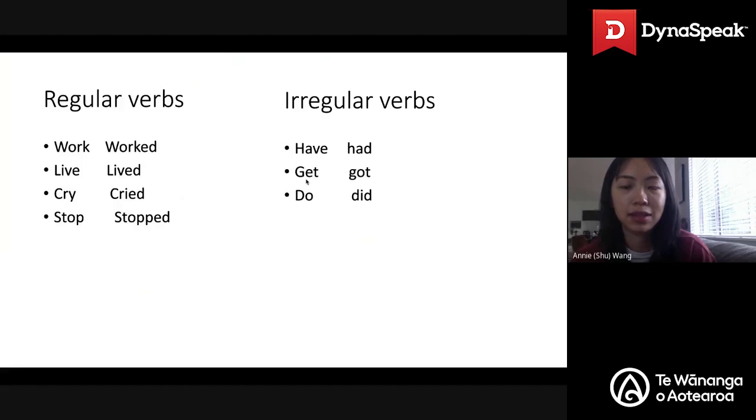Get, the past form is got. And do is did. Okay, these are some irregular verbs. You're going to come across a lot more irregular verbs in the future, but let's just focus on these three most common ones at this stage.